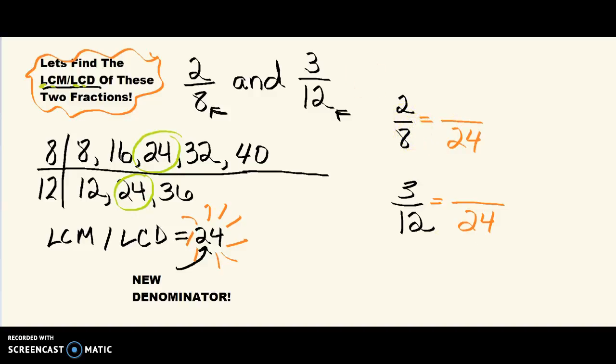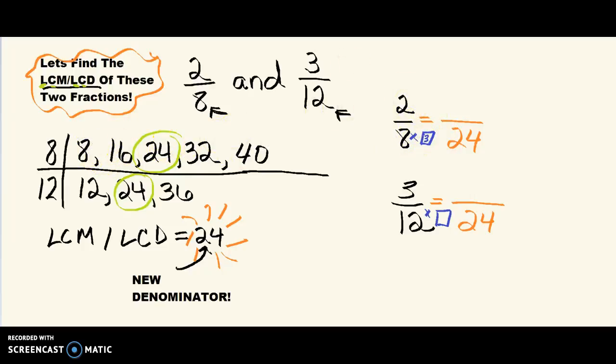So over here, I'm going to think, what number do I have to multiply 8 by to get 24? And then what number do I have to multiply 12 by to get 24? For 8 to get 24, I have to multiply by 3. If I can't quite remember, I go over here: 1, 2, 3.